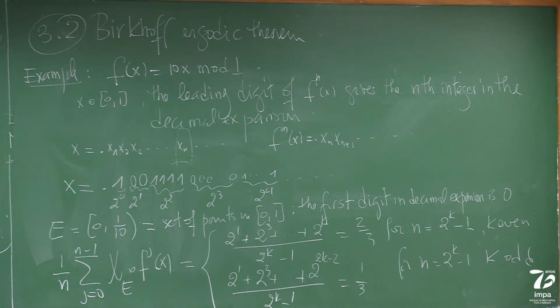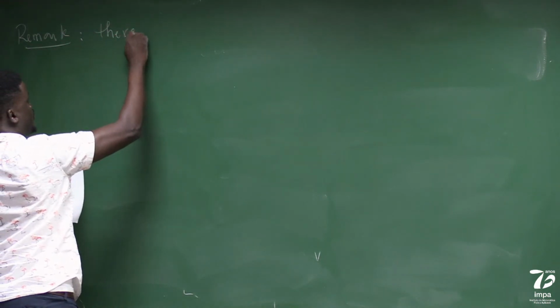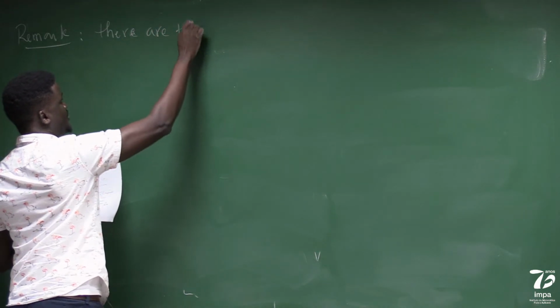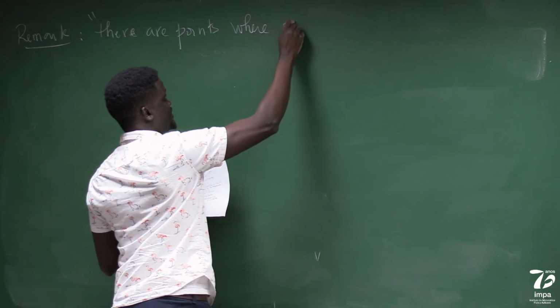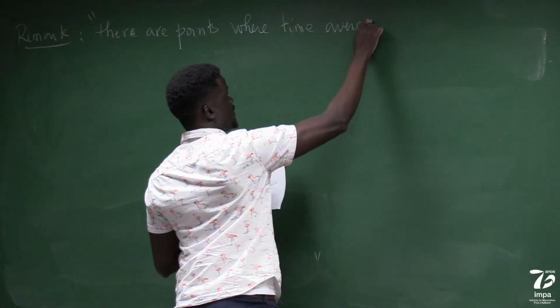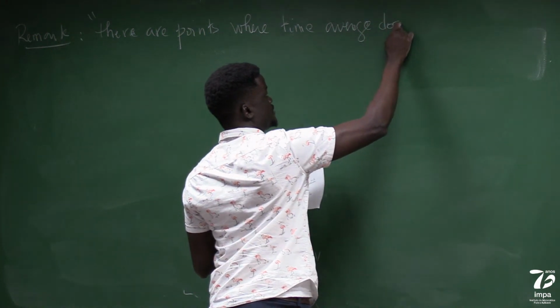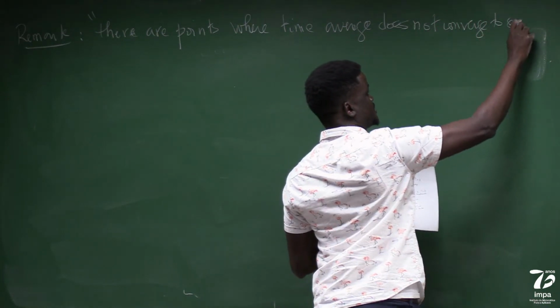So the takeaway from that example, let me write it here, is that there are points where the time average does not converge to the space average.